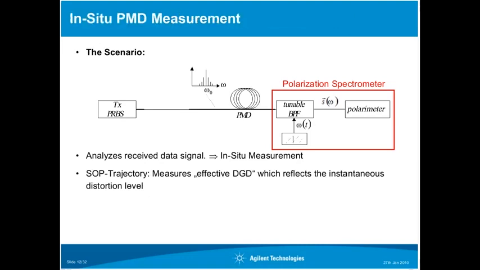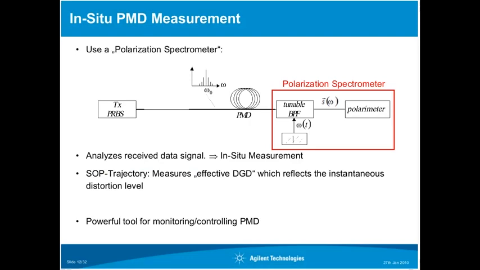If you use a tunable bandpass filter like we have here and scan it over the signal, and we can scan it over the whole WDM signal actually, and we observe the polarization state at the output of the filter, then we get the polarization state as a function of wavelength. That's why we call it a polarization spectrometer.